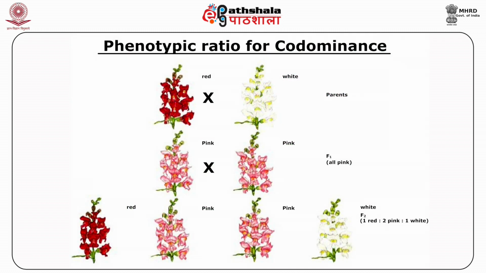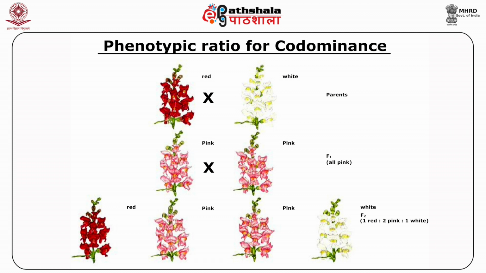For example, in codominance, a red homozygous flower and a white homozygous flower will produce offspring that have red and white spots. When plants of the F1 generation are self-pollinated, the phenotypic and genotypic ratio of the F2 generation will be 1 is to 2 is to 1, that is, red, spotted, white.